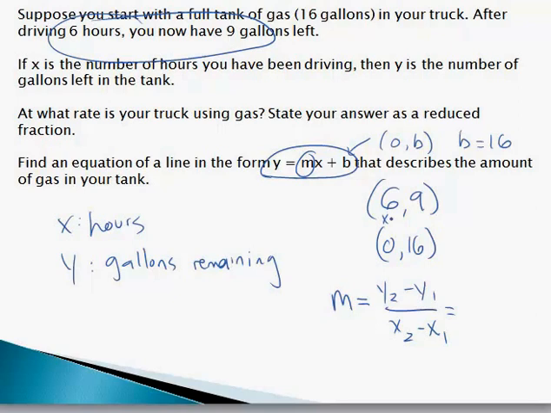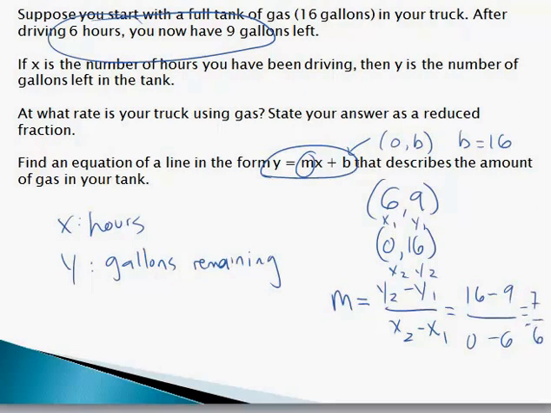So I'll label that x1, y1. I'll label this bottom guy x2, y2. It doesn't matter. 16 minus 9 over 0 minus 6. And that's going to be equal to 16 minus 9 is 7 over 0 minus 6, -6.